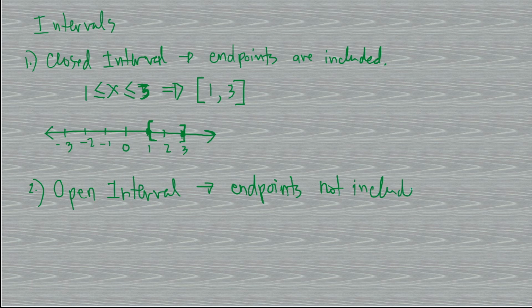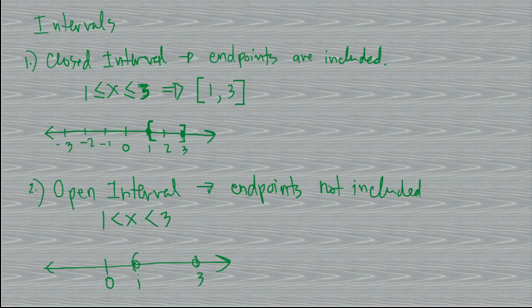In this example, we can rewrite this as x is greater than 1 but less than 3. In a number line, you will locate 1 and 3. Let's say this is 0, this is 1, and this is 3. The endpoints are not included, in other words, open at the endpoints.